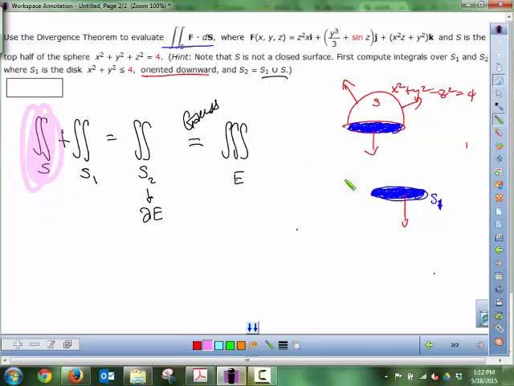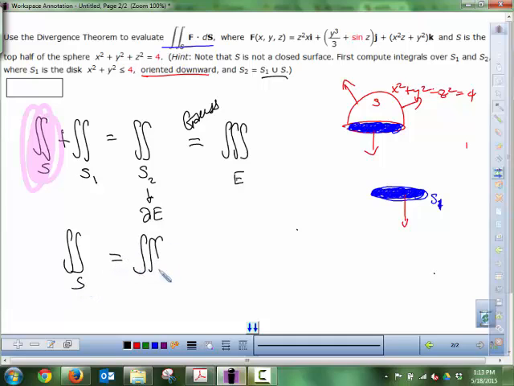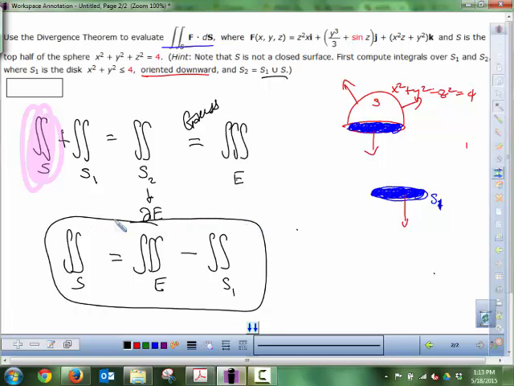So in this long string of equalities, you'll eventually get that what we want is equal to the triple integral minus the flux integral with the disk. Okay? So we're buying into this whole idea of Gauss's just because we're hoping that our computations will be easier.